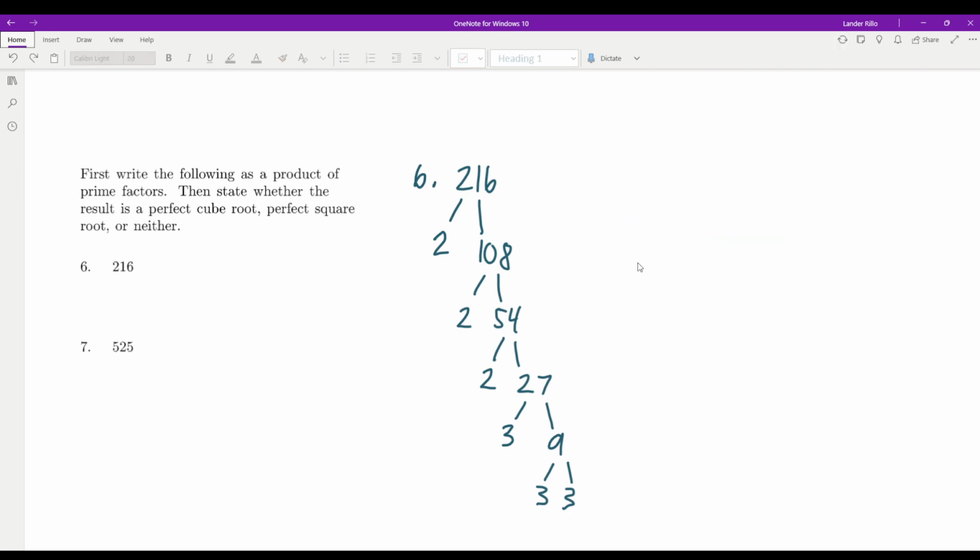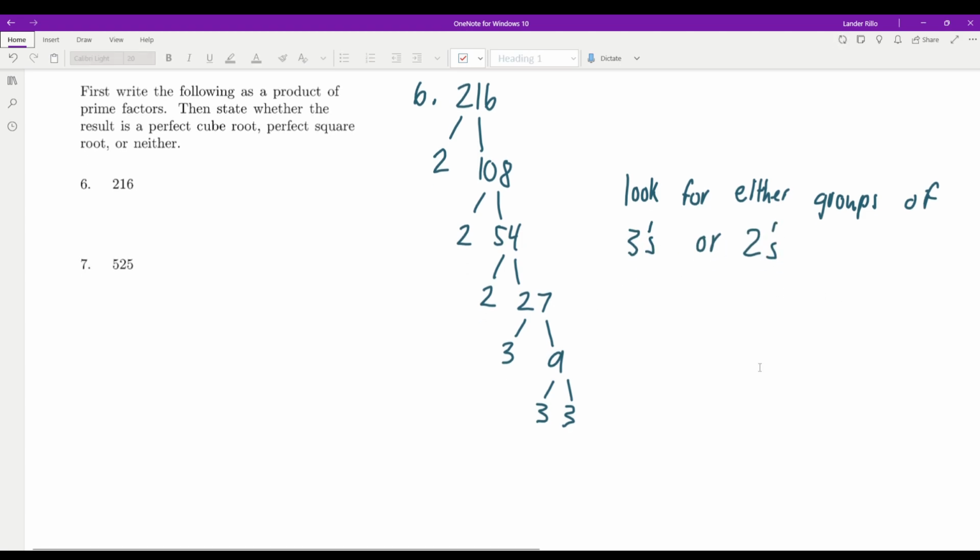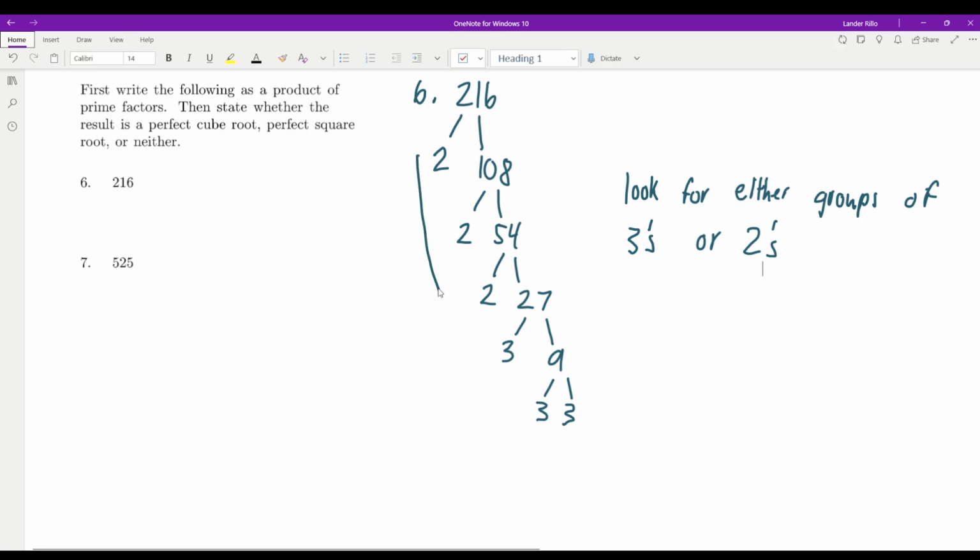To find those, look for either groups of 2s, or groups of 3s. Make sure it's in order. So what do we have here? We have a group of 3 and another group of 3.